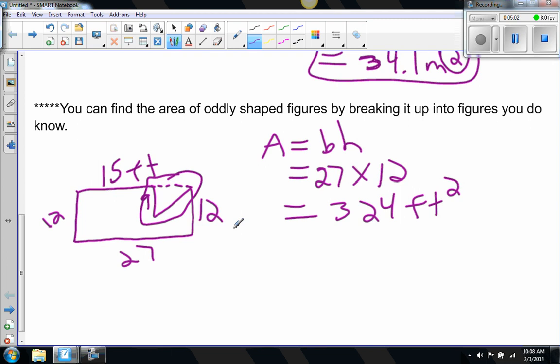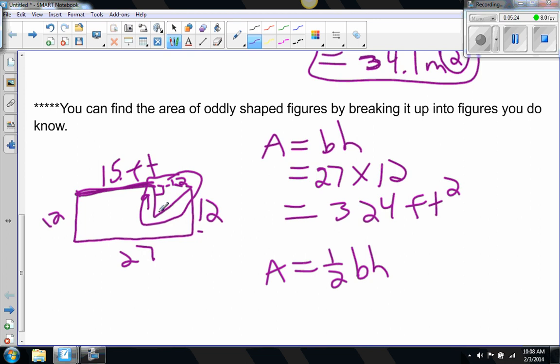So I need to figure out what are my base and my height, and you can see here that it makes a right triangle. Well, if I know that from here to here is 15, how much is left for this piece? The whole thing is 27, so 27 minus 15 is 12. So I know that this missing chunk is 12.